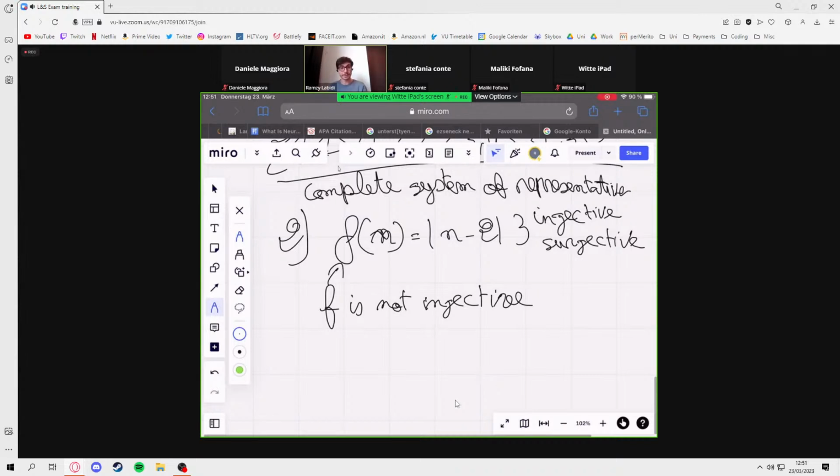So let's start with the simple ones. Let's start with f of 1. So f of 1 is equal to the absolute value of minus 1, which is equal to 1. f of 2 is equal to 0.